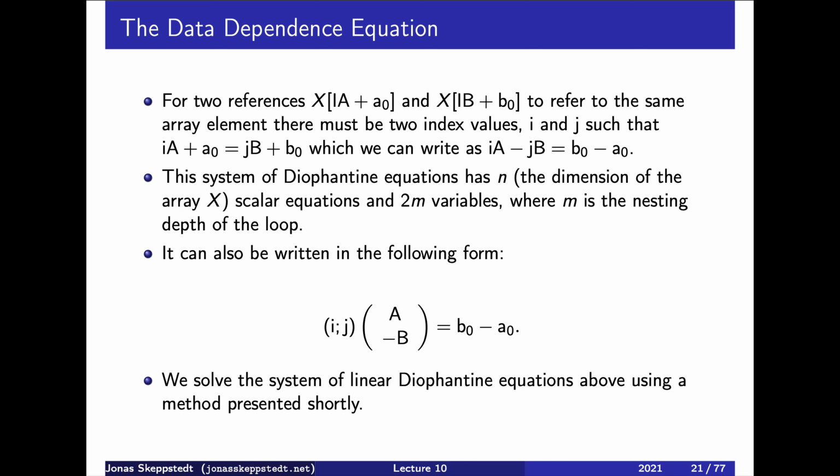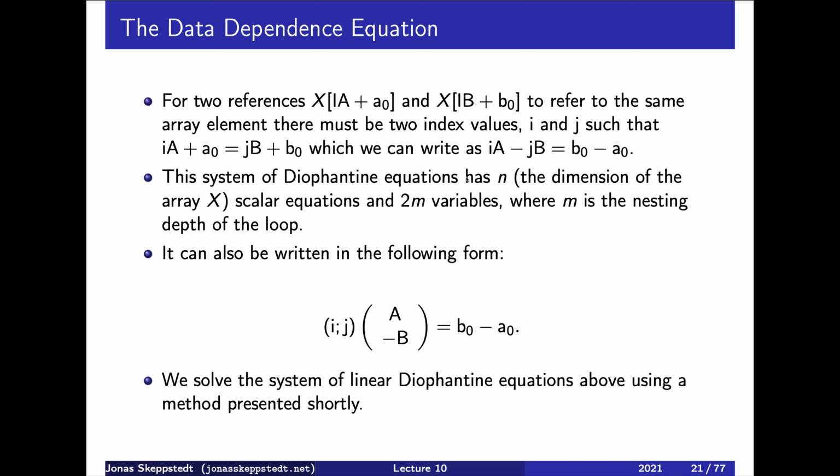Okay, what we can do is to just rewrite it like that, and then to avoid having two matrices, we actually write them like this instead.